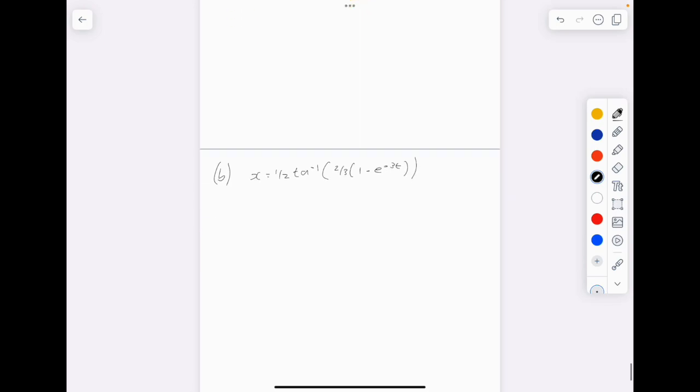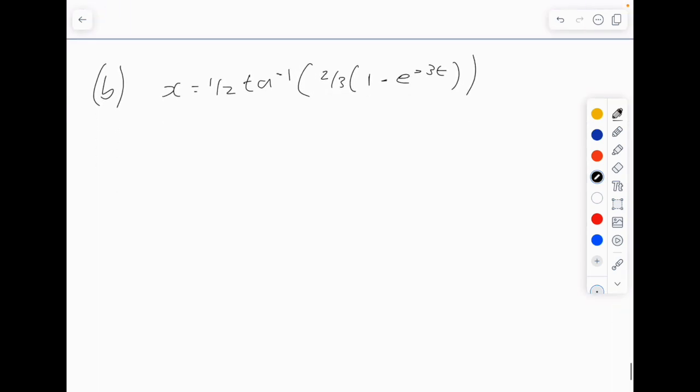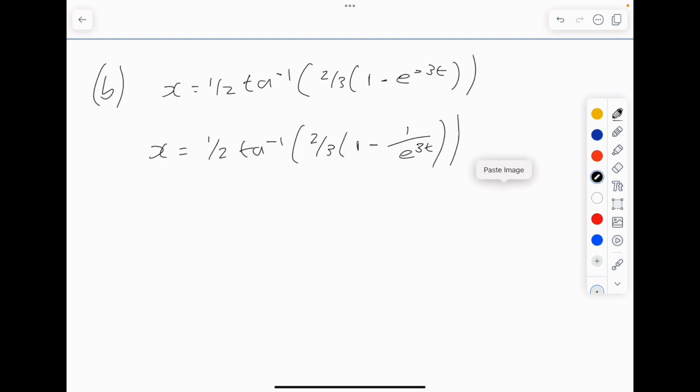Now, using this result, I can say that x is equal to half tan minus 1, 2 over 3 (1 minus 1 over e to the 3t).